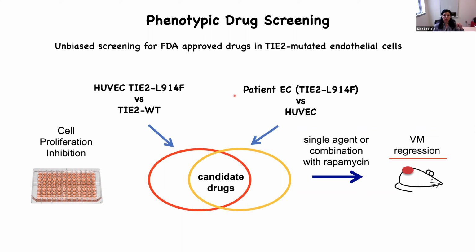We compared HUVEC overexpressing the mutant Tie2 receptor versus the wild type, and the patient endothelial cells with the same mutation versus HUVEC. You always want to identify drugs that target your mutant endothelial cells and do not target the wild type counterpart. So the idea was to identify a novel drug that could be used alone, or in combination with rapamycin, to promote regression of vascular lesions.